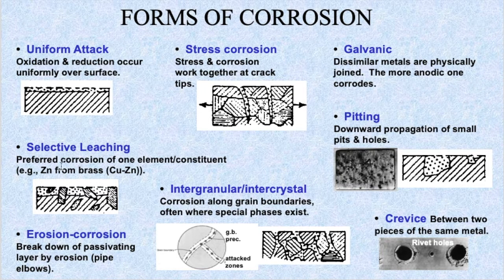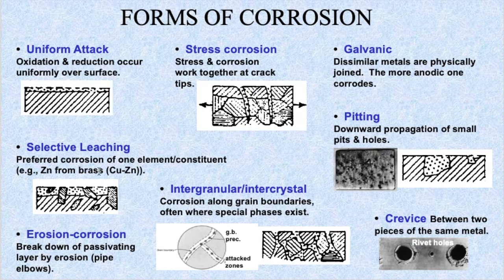For instance, in selective leaching, those four parameters still apply, in that it is one metal. If you take brass, for instance, brass is made up of copper and zinc, which are both metals, but brass is an alloy.